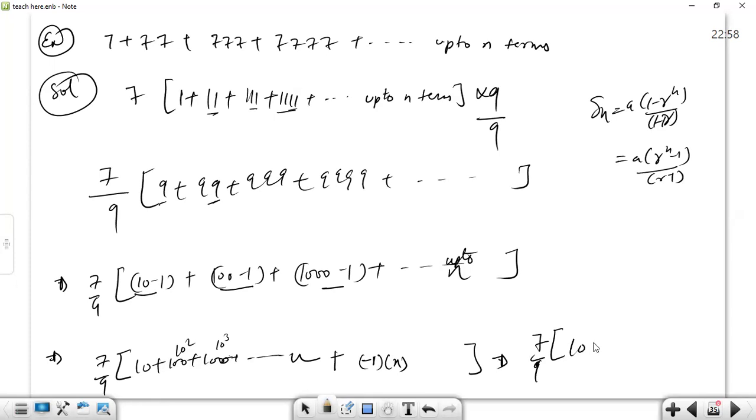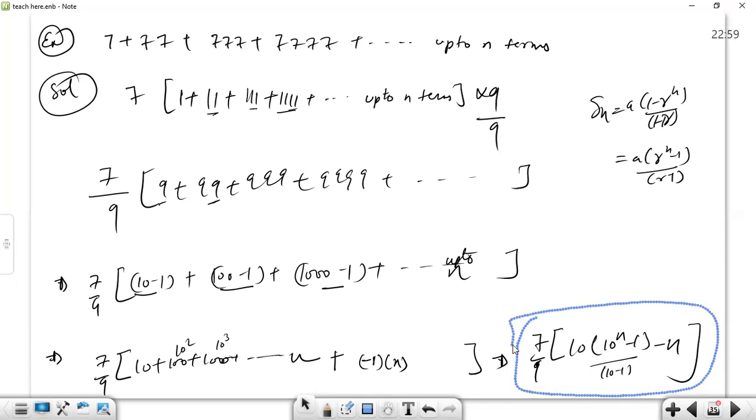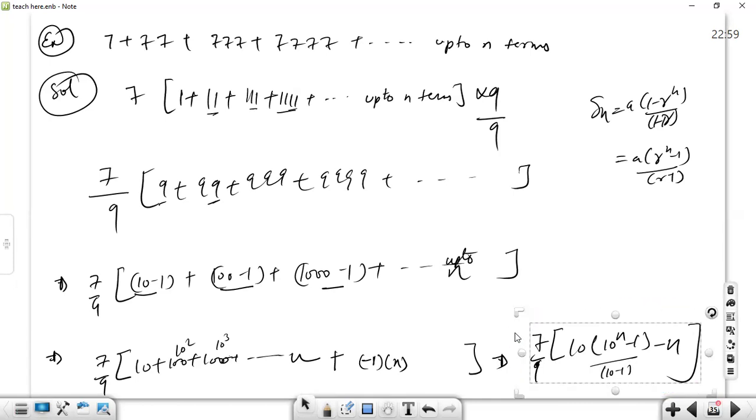So let's apply the same formula: 10 into 10 raised to power n minus 1 upon 10 minus 1. Plus minus 1 into n, that makes it minus n. Clear? Any doubts about how I have written this? No, sir. Now this is your answer.